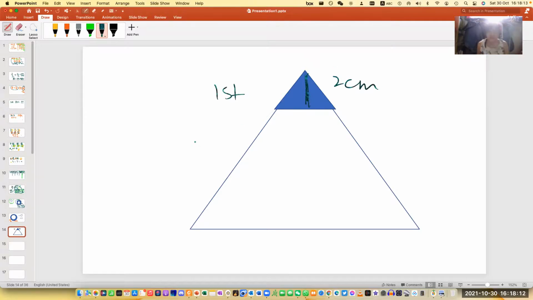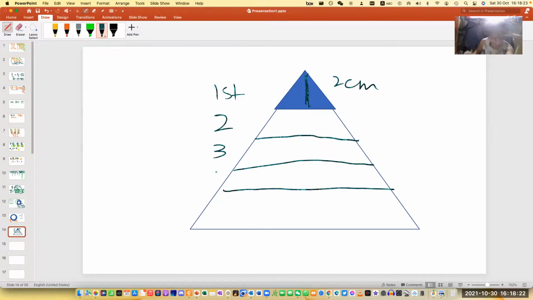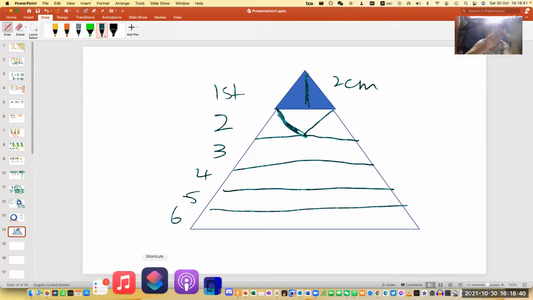So I'm going to have the 6 layers. I'm going to have the second one, the third one, the fourth one, the fifth one and sixth one. Am I right? Yeah. Then after that, I will continue. Okay, so let's go back to the question.